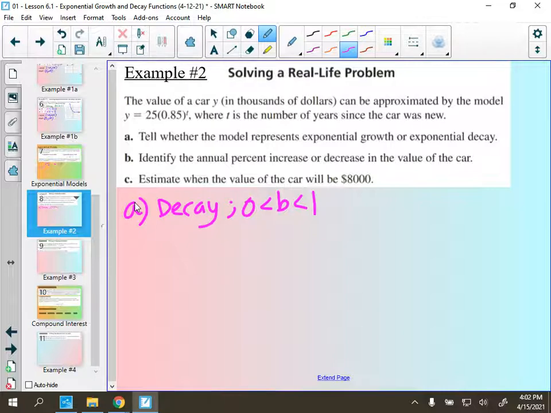If I were to start plugging in numbers here, because I want to make sure that everybody understands what this means, let's say I plug in a 1 right there, and I hammer away on the old calculator: 25 times 0.85 to the first power, which is just 0.85. My calculator returns 21.25.